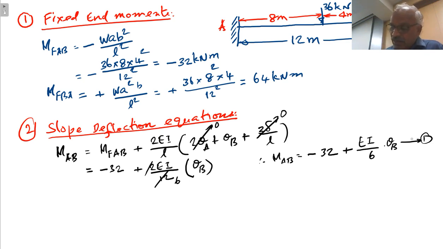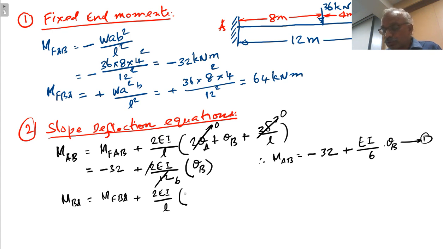Right. Now MBA equal to M of BA plus 2EI by L into, now this is MBA, therefore 2 theta B plus theta A plus 3 delta by L. This is the general formula.